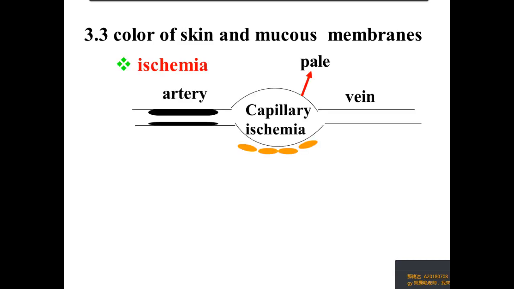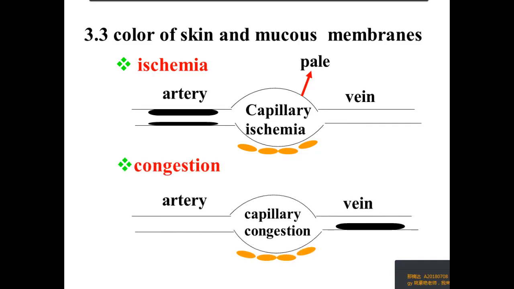If it's ischemia, now ischemia color is pale. Now congestion. If hypercongestion, so the color is, now congestion. So 100 millimeters blood stayed in capillary will be more. So oxygen move into the tissue cell will be more. So in the capillary blood, oxygen less.